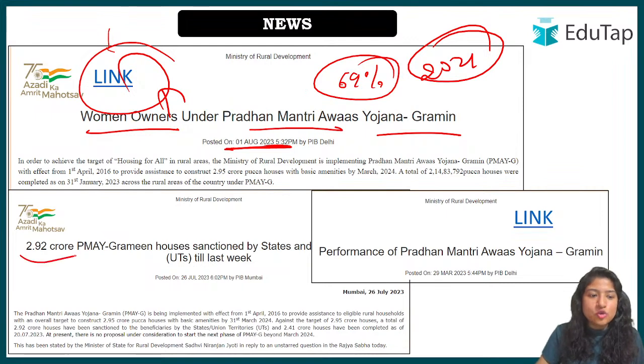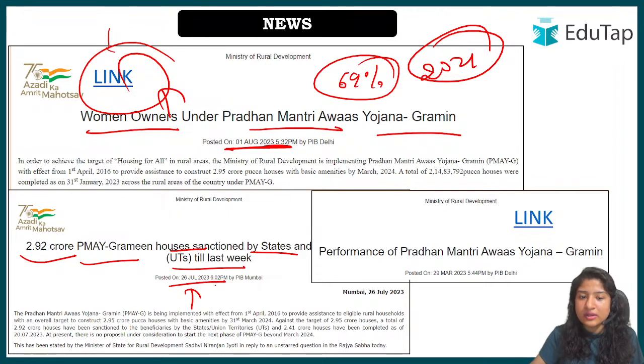Next is 2.92 crore PMAY Gramin houses sanctioned by states and UTs till last week. This is the news of 26 July 2023. Now please keep in mind it says sanction, it does not mean that these have been constructed. What is the difference? We know that beneficiaries will be identified and then they will be allotted a place where they can actually build a house, right?